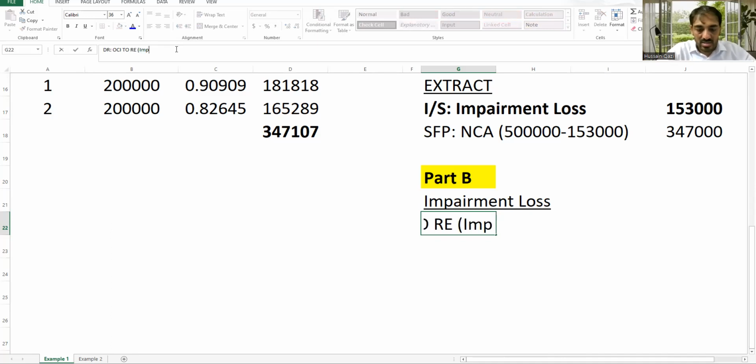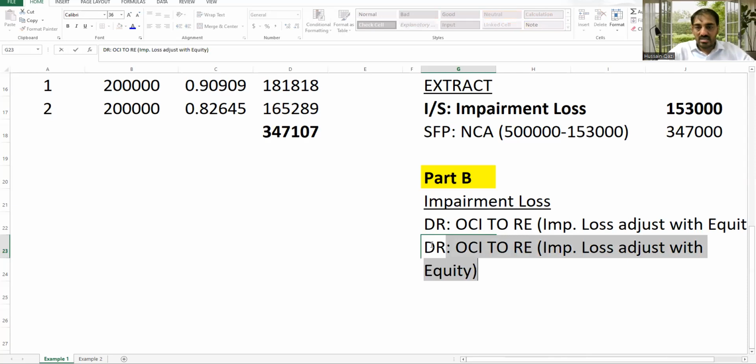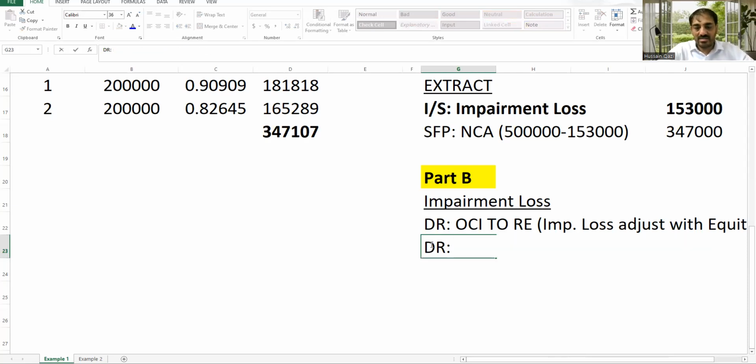The impairment loss adjusts with equity. Number two, the remaining part of the impairment loss goes through the income statement.